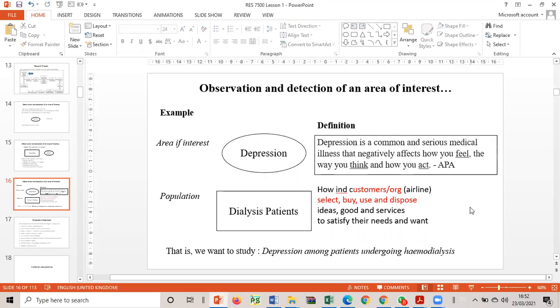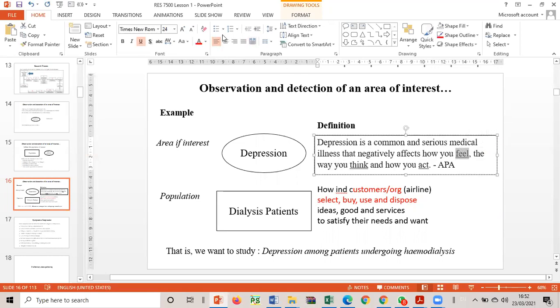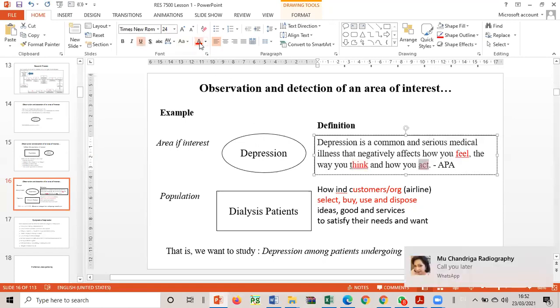So I know my construct in my questionnaire must have items dealing with feeling, thinking, thoughts, and also acting. So my design of the items will be around this. Next question is how to measure feeling, how to measure thinking, how to measure acting.